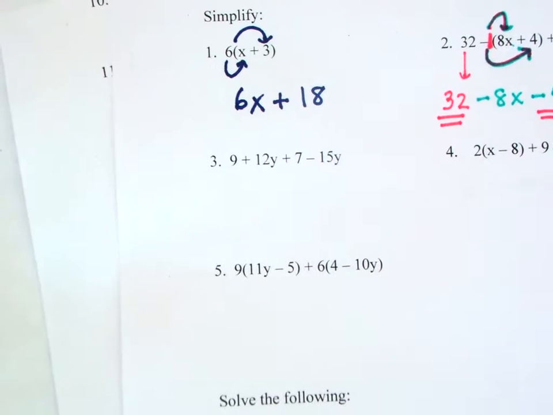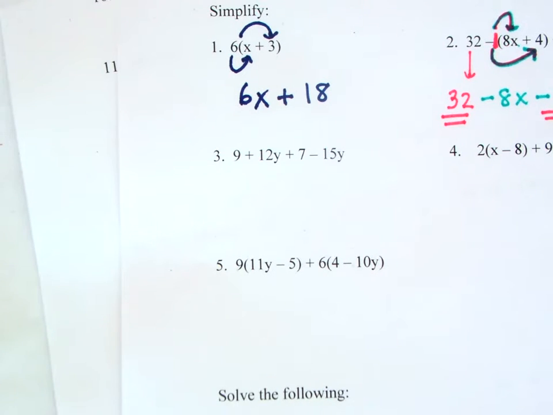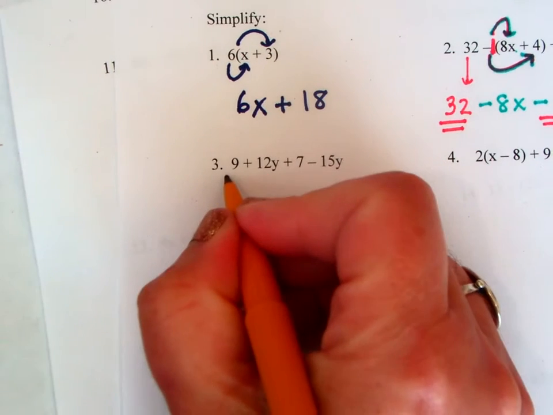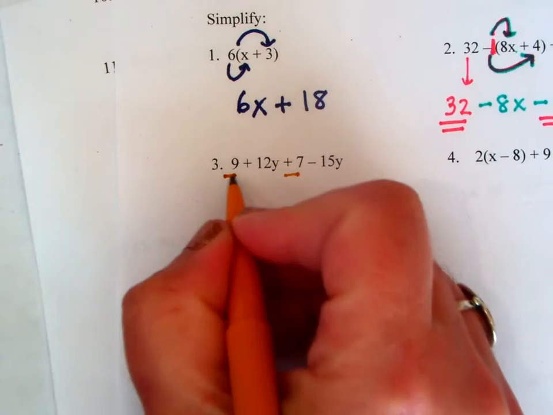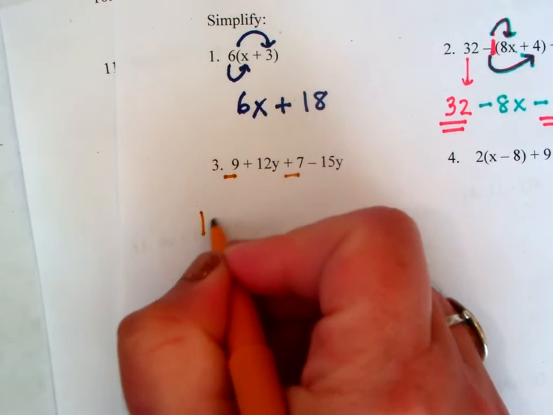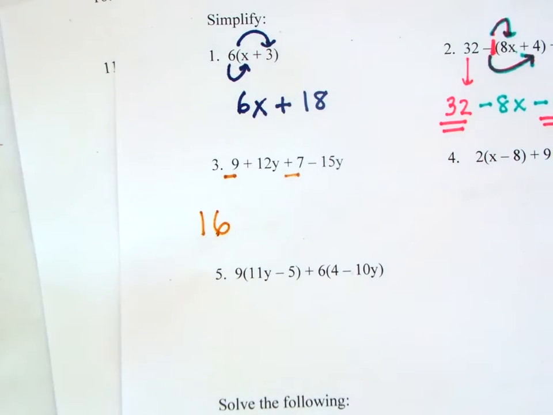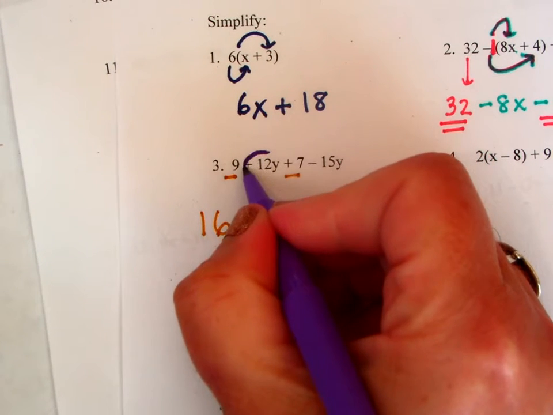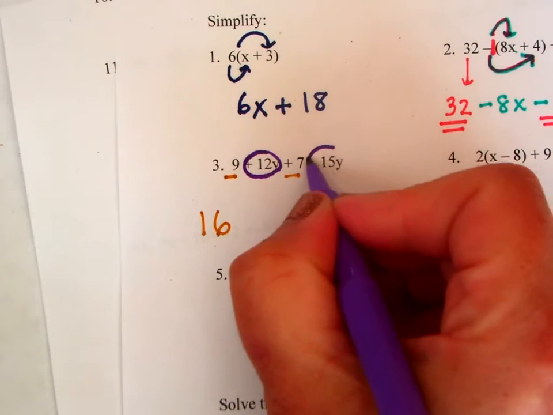Okay, so now this next problem is specifically just adding like terms because you can't distribute anything because you don't have a parentheses to distribute across right now. So the like terms of 9 and 7, 9 plus 7 is 16. And the other set of like terms, which is this positive 12y, and then minus 15y.